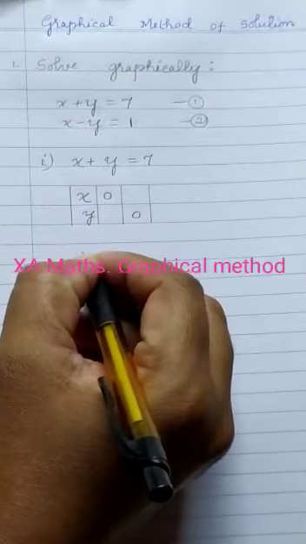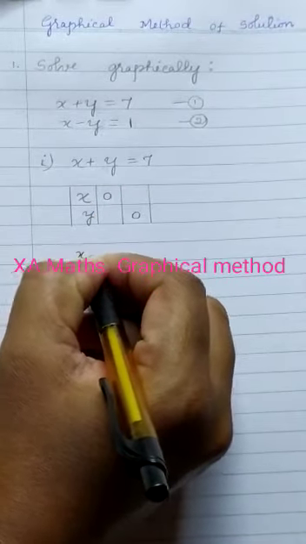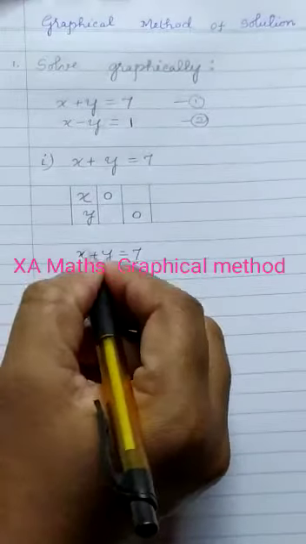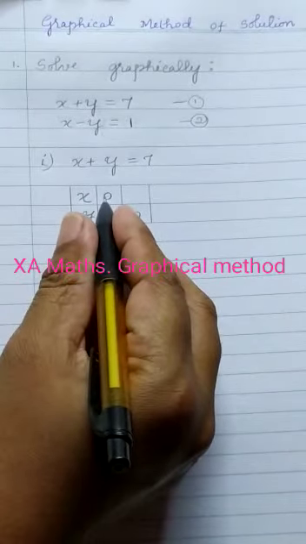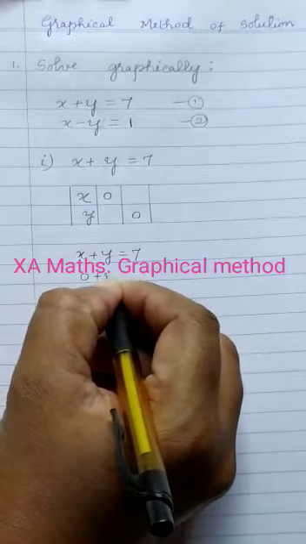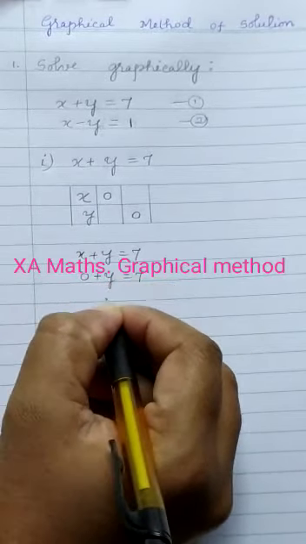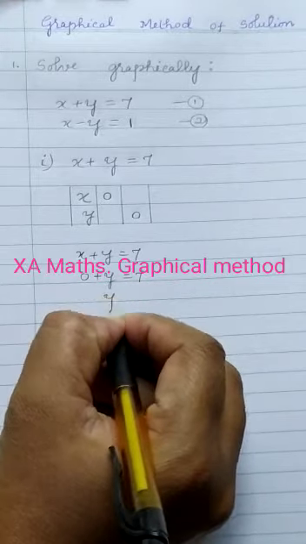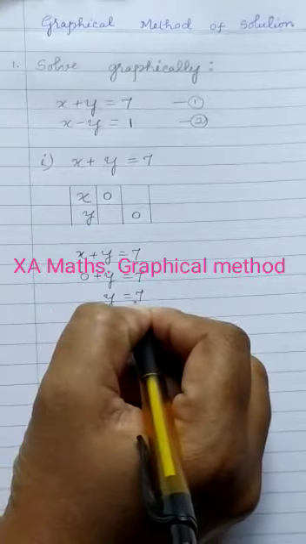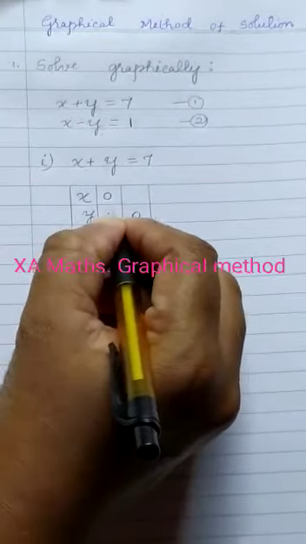Now I will write this equation, x plus y equal to 7. In the first case I have taken x as 0. Here write 0, so 0 plus y is y, equal to 7. So we are getting the value of y as 7.